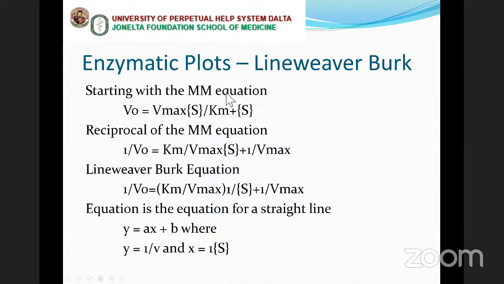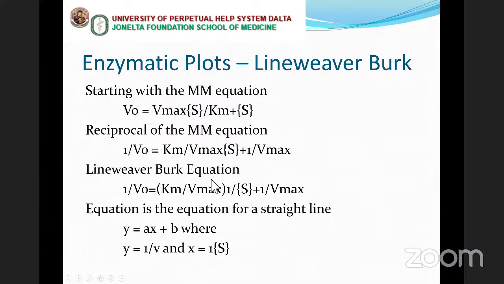So you start with the equation. Remember your initial velocity, Vmax times substrate over Km plus substrate. You get the reciprocal of the equation, and that is your 1 over initial velocity equals Km over Vmax times 1 over substrate, plus 1 over Vmax.